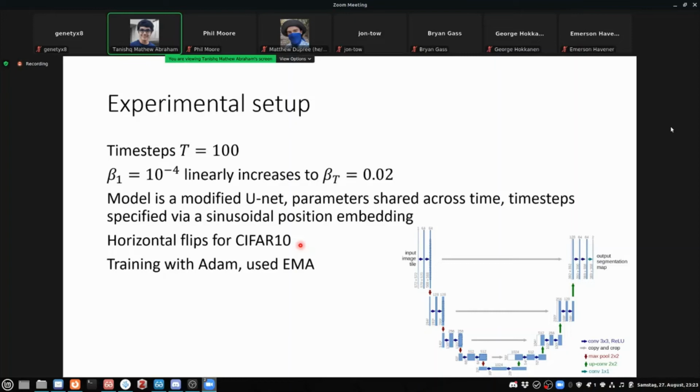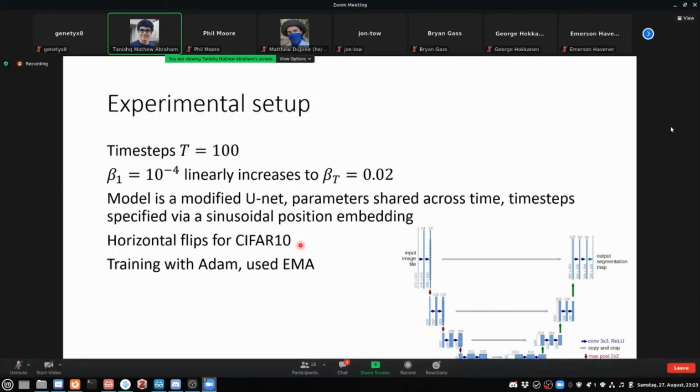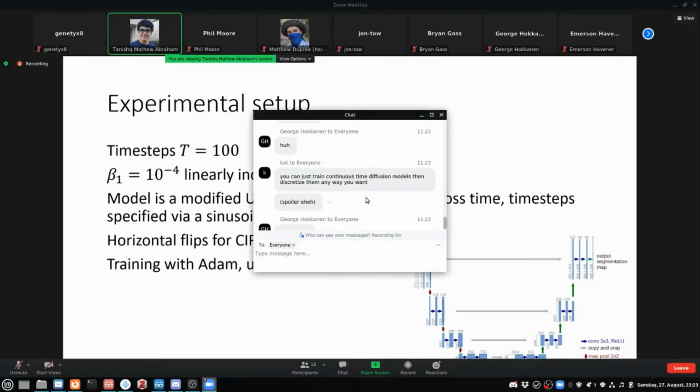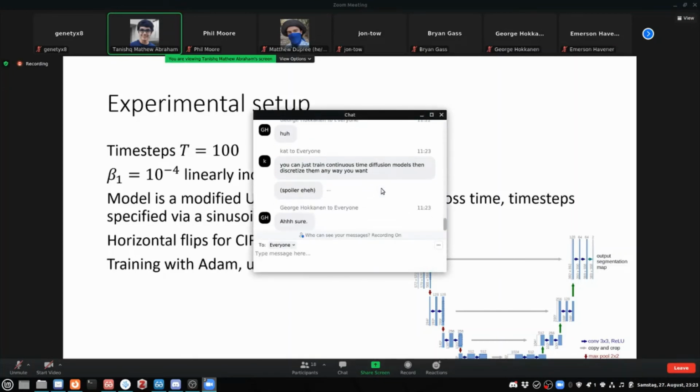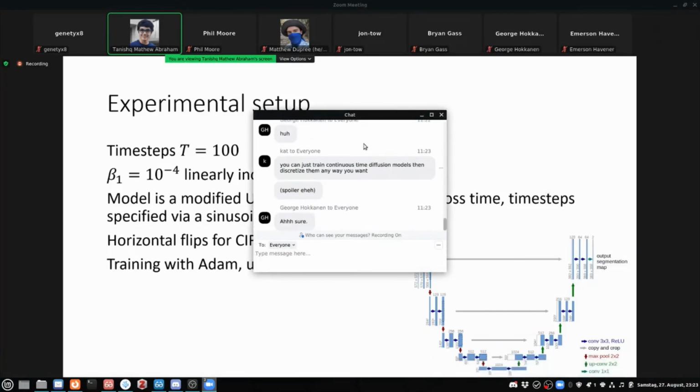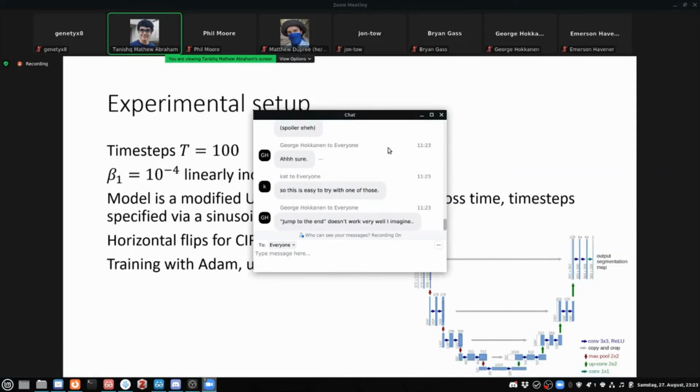Because the input is an image and the output is also an image, they just use a UNet. But the important fact to remember is that this function also depends on the time steps. They specify the time steps with a sinusoidal position embedding, which is similar to the position embeddings in transformers. I don't remember exactly how that's specified, but it's inputted in there somehow.